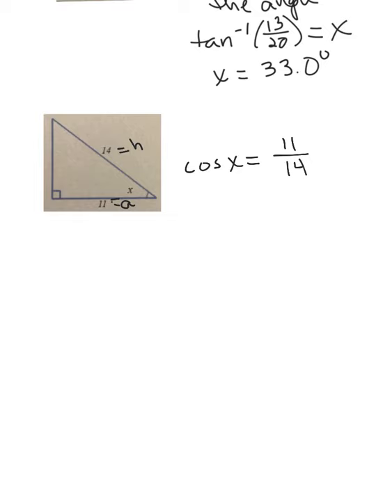Again, you're going to have to use your inverse key, so x will equal the cosine inverse of 11 over 14. When you do that on your calculator and round to the 10th, you should get 38.2 degrees.